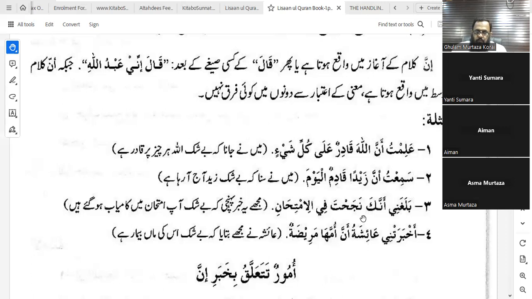Akhbara is a verb and the ت is used for whom? Akhbarat. And أخبرت is used for whom? Muannas mutakallim. Wahid muannas mutakallim. مؤنث متكلم.